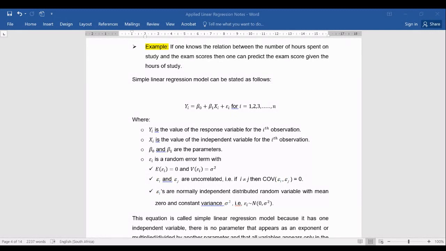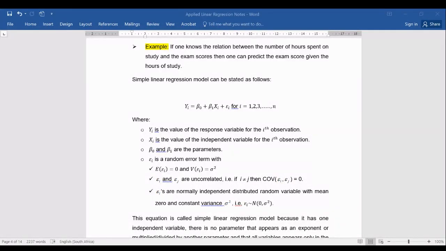And these errors, ei and ej, are uncorrelated. So for i not equal to j, the covariance of ei, ej is equal to 0.